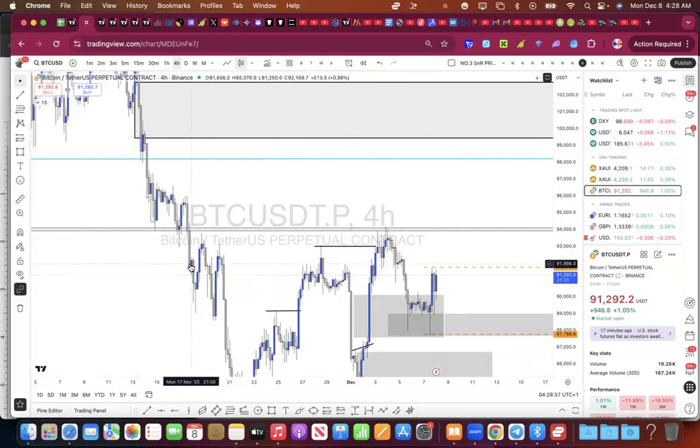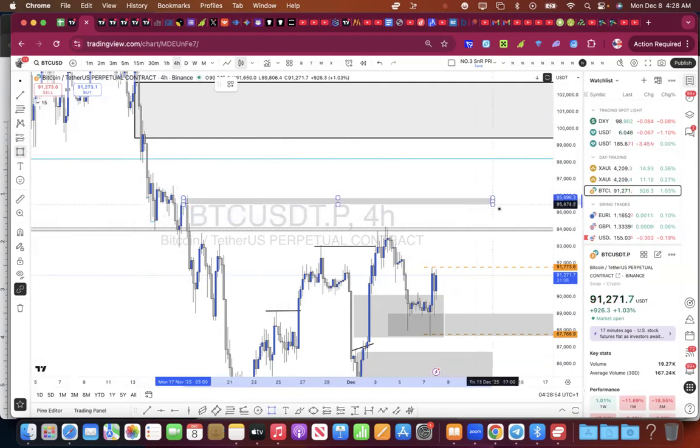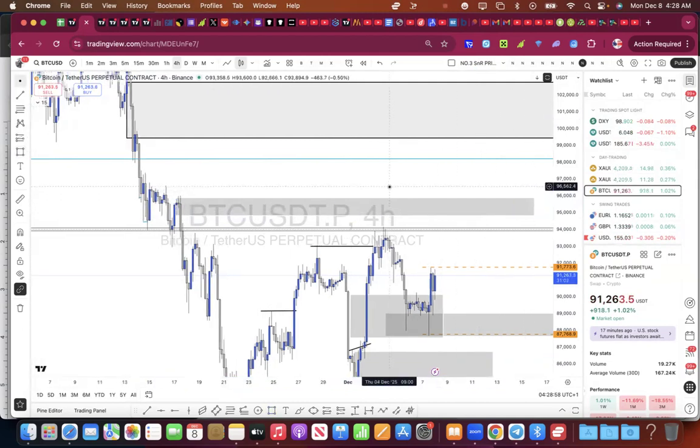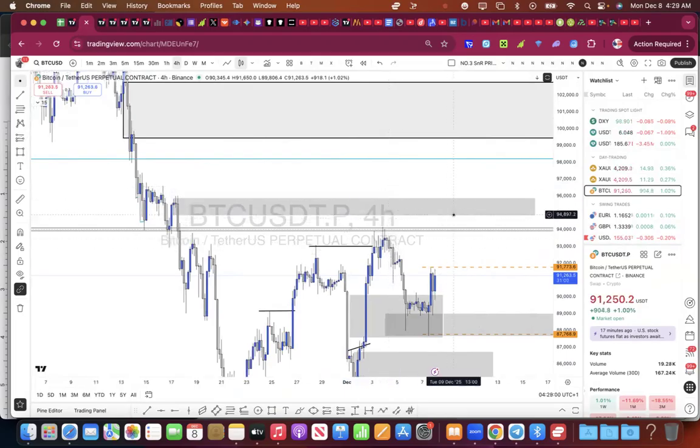And why could that be? Because we have at that point a break of structure, and another block, so that can counteract this. So the market could tap into that and drop.